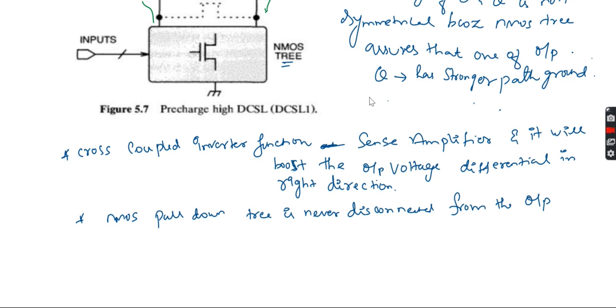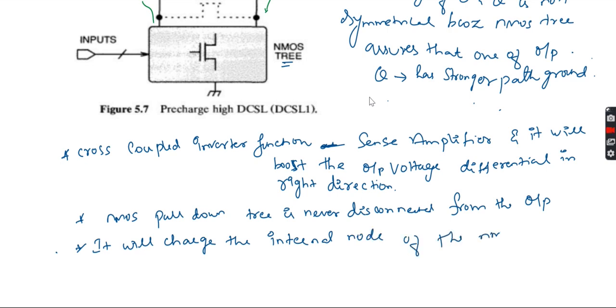The output, because this circuit will charge the internal node. It will charge the internal node of the NMOS tree up to VDD minus VTH, where VTH is the threshold voltage of the NMOS transistor and VDD is the power supply voltage.